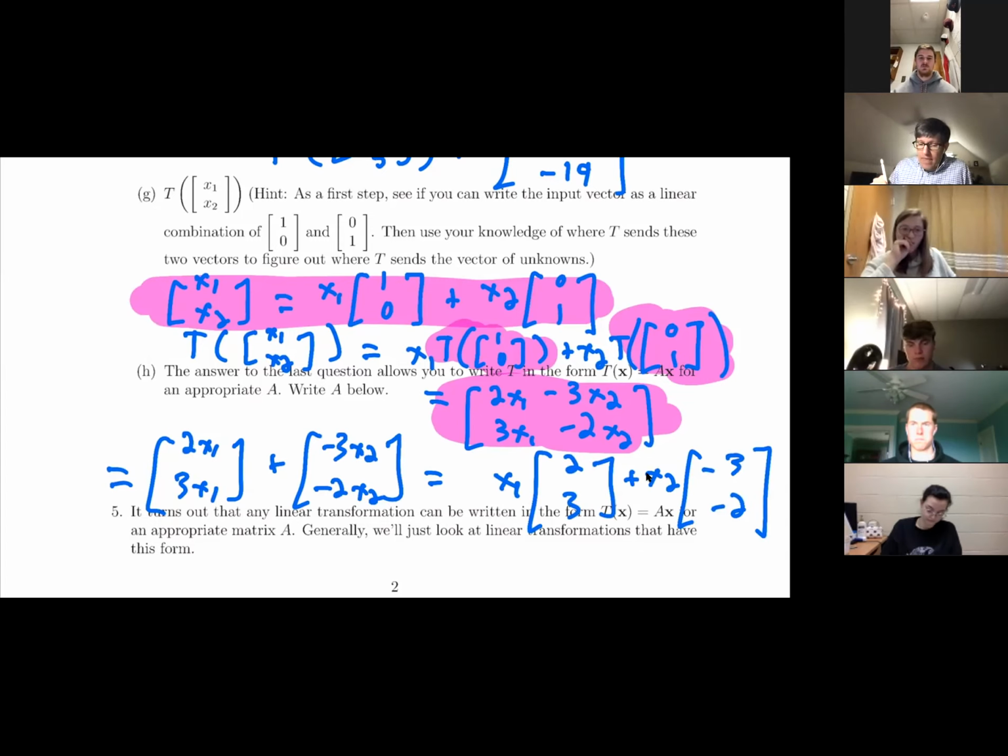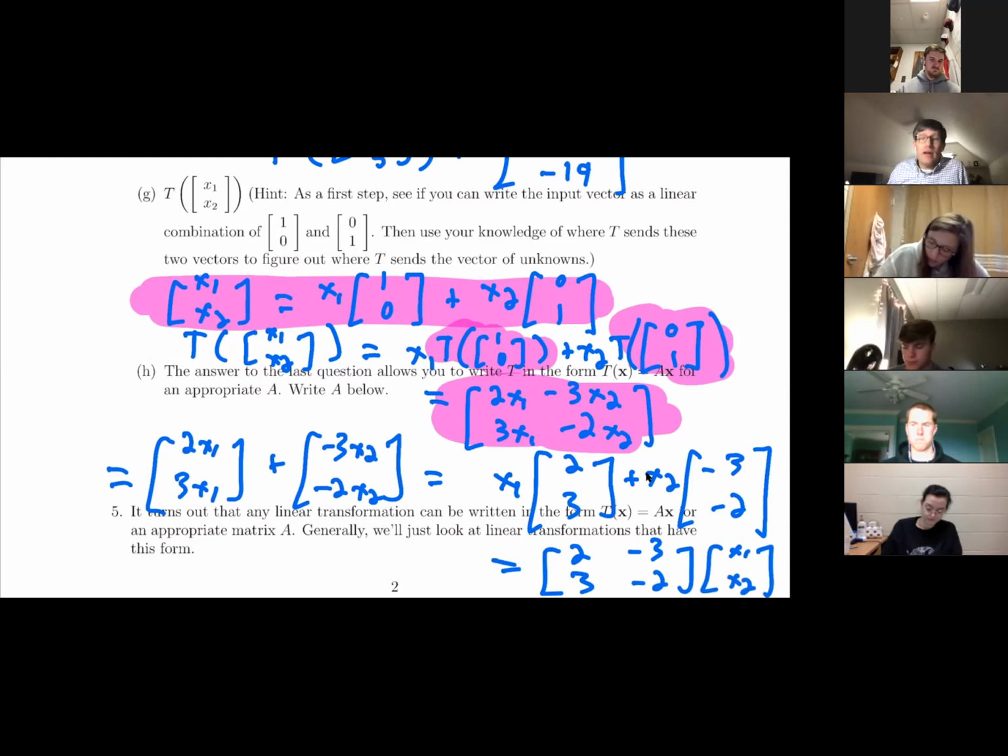When I've written it this way, now it is written in the form of a linear combination. So since it's written in the form of a linear combination, I can immediately read off my matrix. So this last thing here has rewritten my T of x as a matrix A times a vector of unknowns. That matrix there is the one that I would go with.